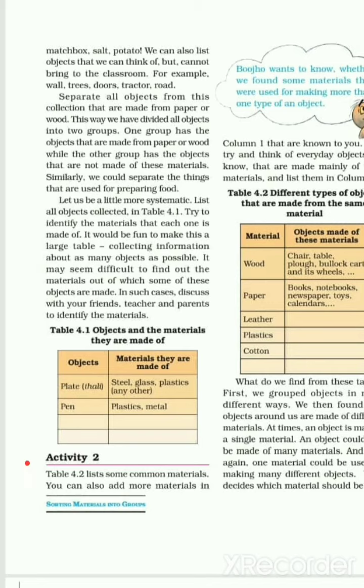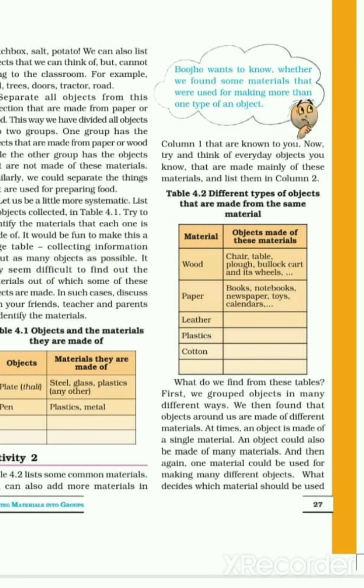Let's move further. Activity 2. Table 4.2 lists some common materials. You can also add more materials in column 1 that are known to you.